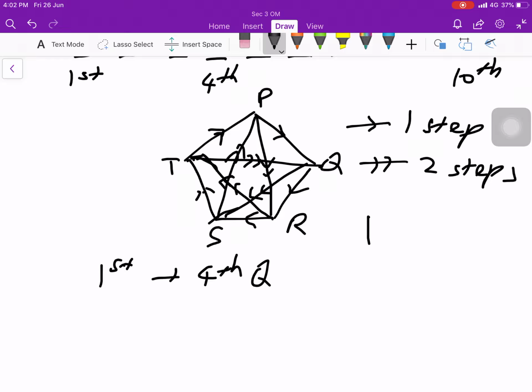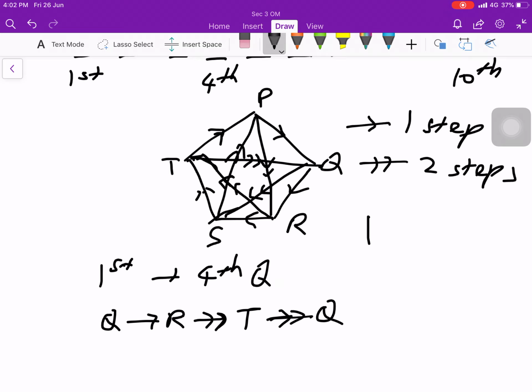Can you see that Q goes to R, and then goes to T, and then goes back to Q. Q to R is one step, R to T is 2 steps, and T to Q is 2 steps.